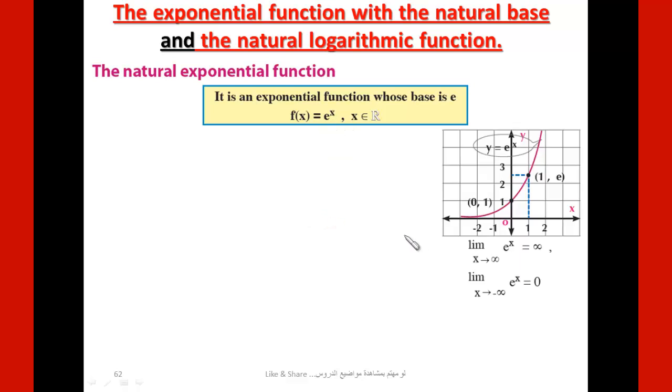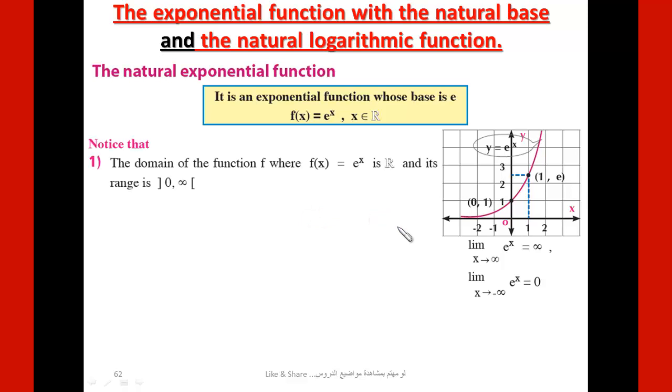When we draw the curve of the exponential function, we notice that the curve passes through the point (0, 1). When you substitute x equals 0, f of 0 equals e power 0 equals 1.